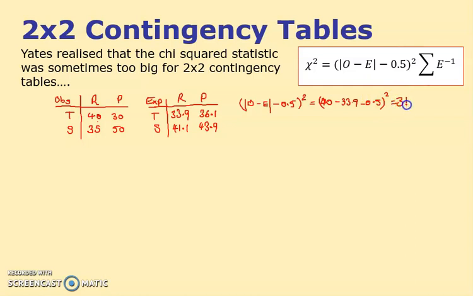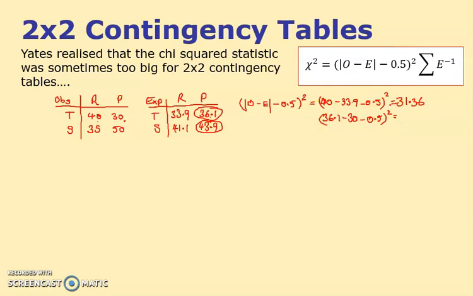Well, the reason why I think that's weird is because if I picked a different one, say I picked this one over here instead, it doesn't matter which one I pick. Actually, I'll pick this one because at least then it's the wrong way round. The 30 minus 36.1, because it's the magnitude of it, let's do the big one minus the small one. Then take away the 0.5 and then square it.